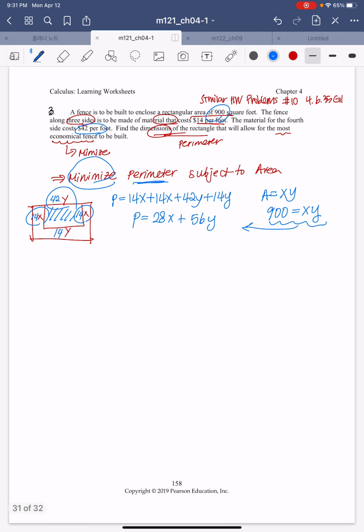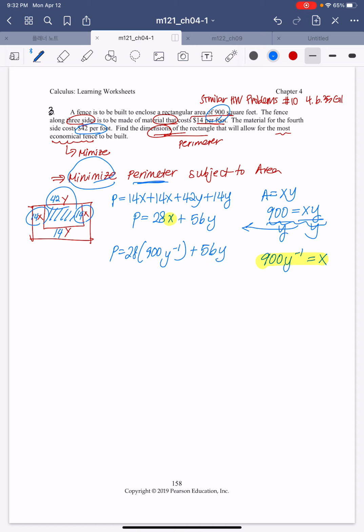So over here, I can solve x by dividing by y. So 900 y to the negative 1 equals x. And that's what I'm going to replace my x value with. So P is equal to 28 times 900 y to the negative 1 plus 56y.